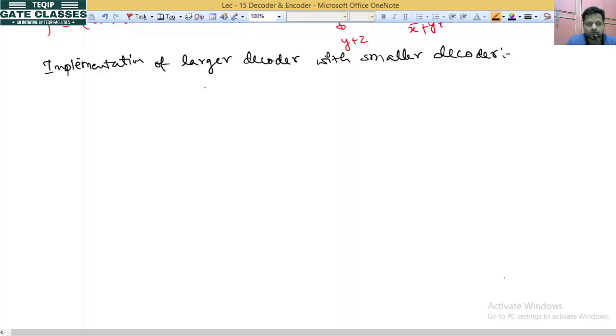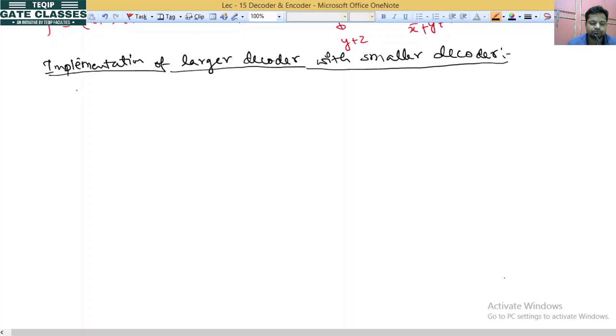What does it mean? It means that suppose there is a need of a 4x16 decoder, but we have only a 2x4 decoder. So what happens in this case? We have to make that 4x16 decoder with the help of 2x4 decoders.